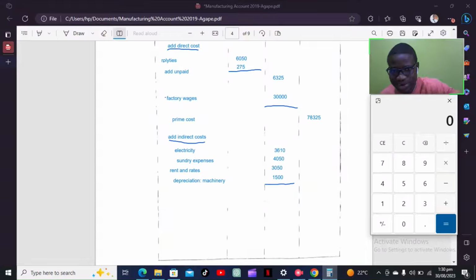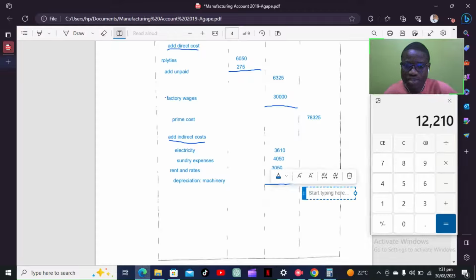So we're adding 3,610 plus 4,050 kwacha plus 3,050 kwacha, then plus 1,500. What are we getting? We're getting 12,210. And we're going to enter this figure here.